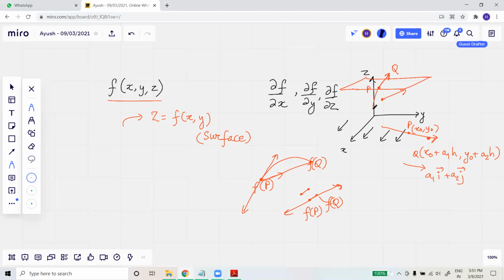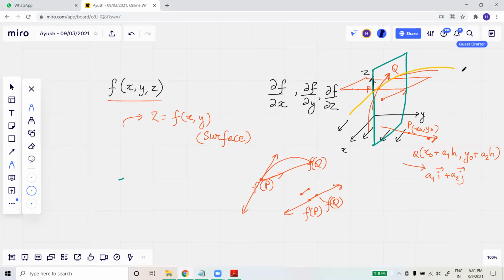Why should we assume that this is the curve produced by the intersection of that vertical plane, a vertical plane like this, with some surface, some yellow surface?